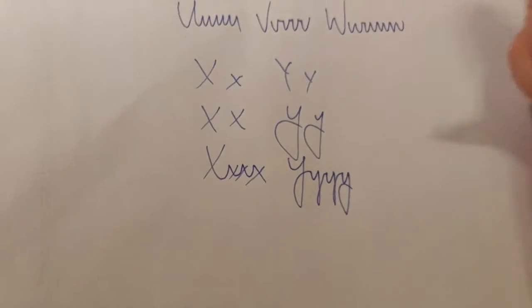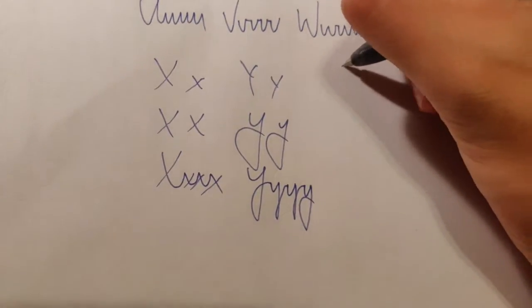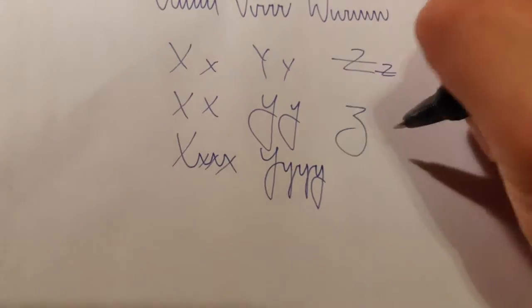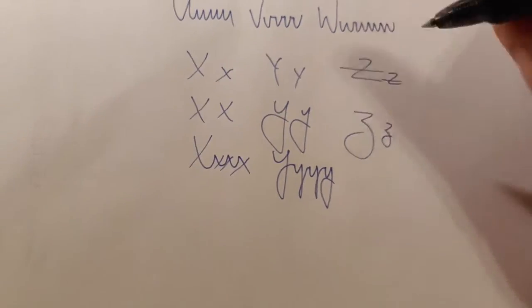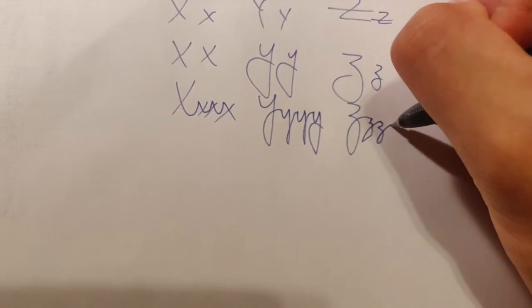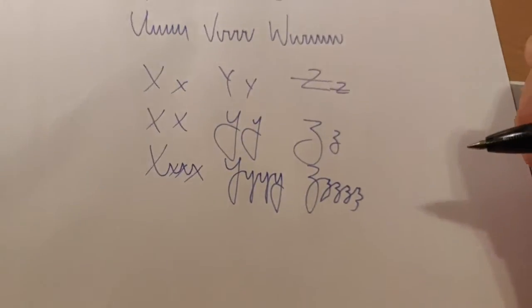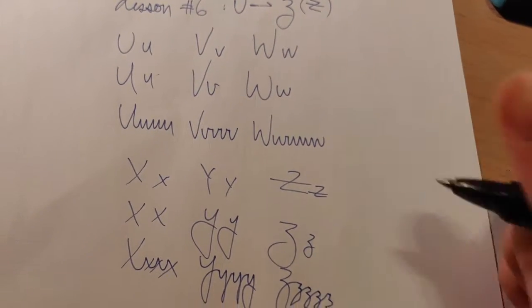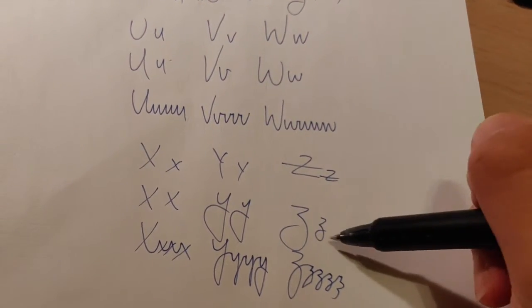The uppercase looks the same as the lowercase one, but it again is larger in size, taller. Z is very different. Again, loops at the bottom, and that is U, V, W, X, Y, and Z.